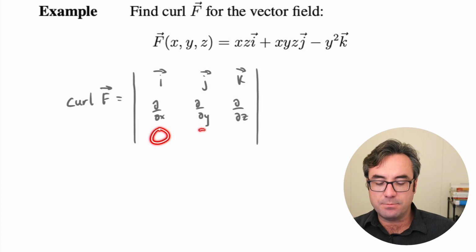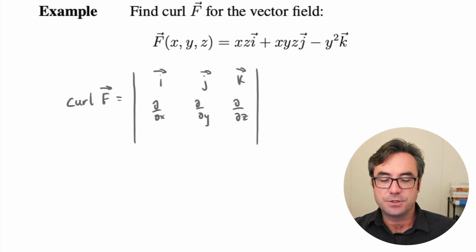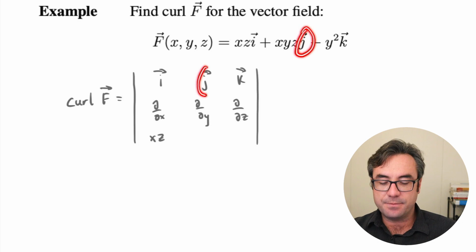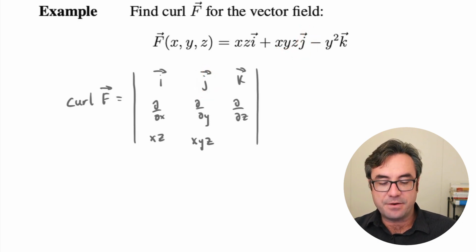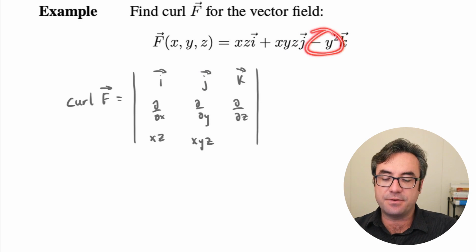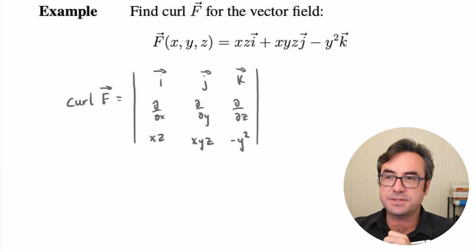And then we list our components of our vector field. So we look for the i component, that's xz, so that goes in the first spot there. Then we find our j entry, and that is xyz, so that's going to go here. And then finally, our k entry is negative y squared, so that'll be our last part of the row there.